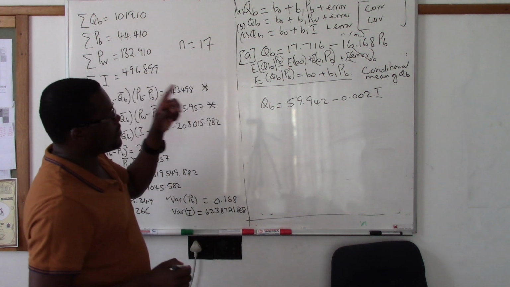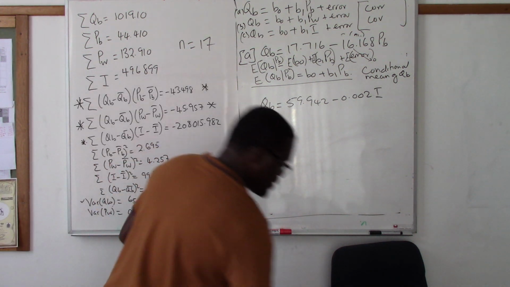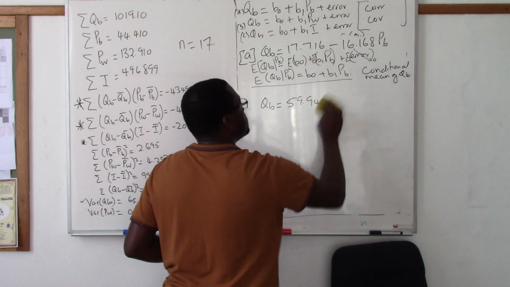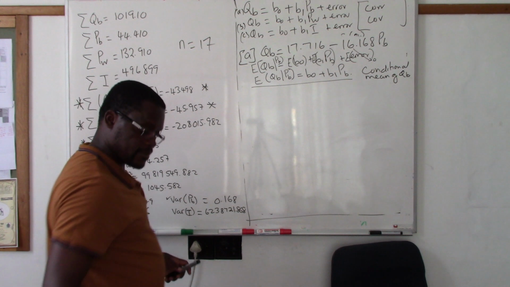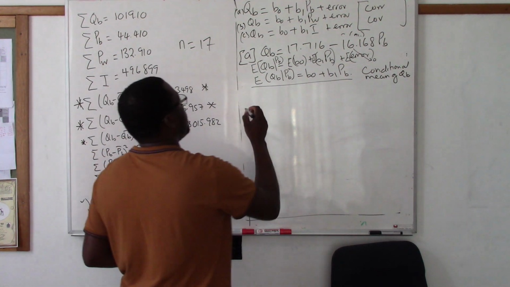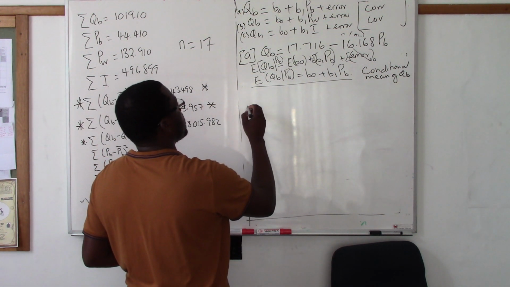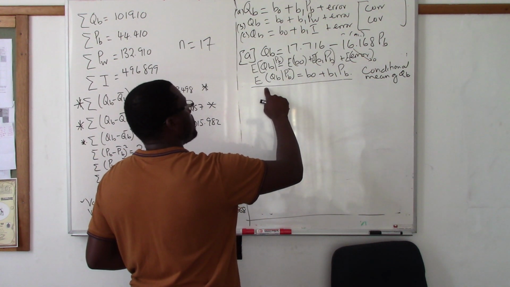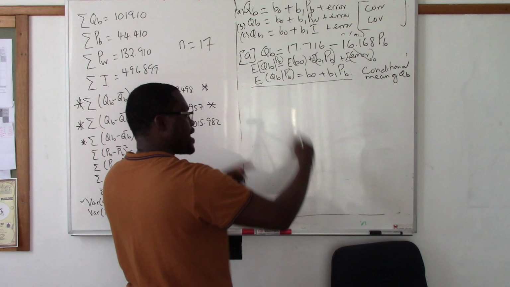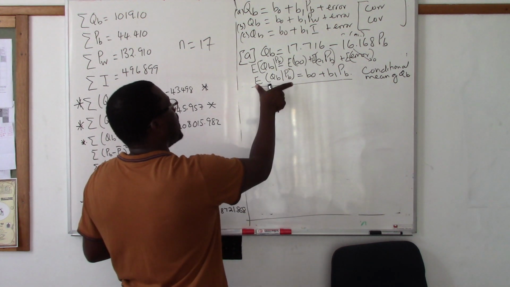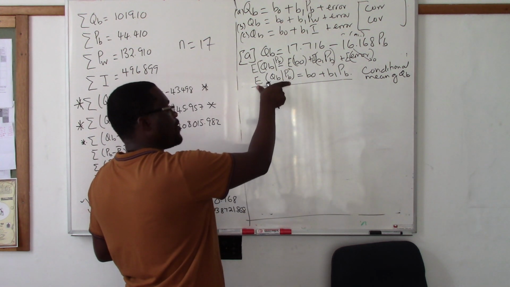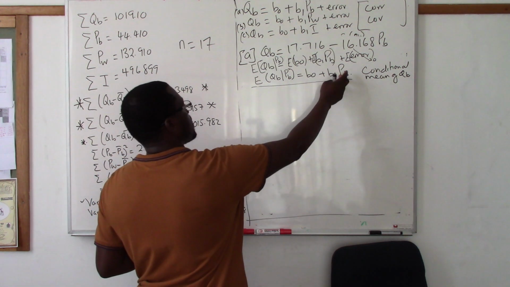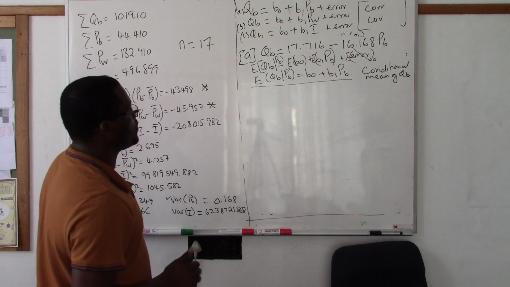Therefore, when we interpret the coefficient, it is telling us the effect of PB on QB, and by how much our QB, our quantity demanded, changes on average as a result of a change in PB.